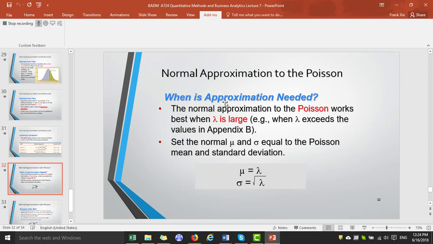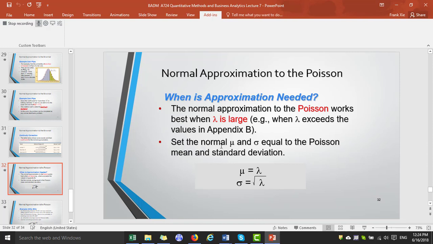So when is approximation needed? The normal approximation to the Poisson works best when lambda is large. That is, when lambda exceeds the value in Appendix B. Look at your book in Appendix B, and then when lambda is large, you can use normal distribution to approximate Poisson.